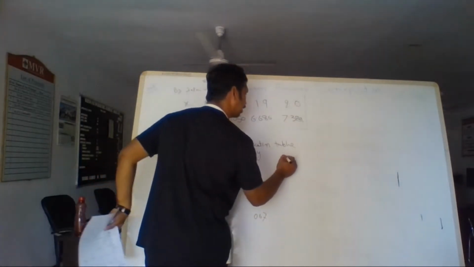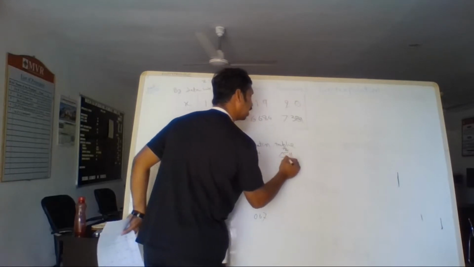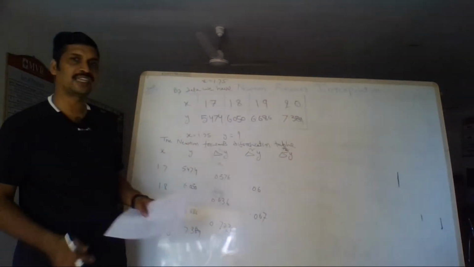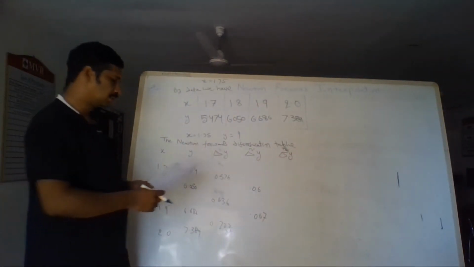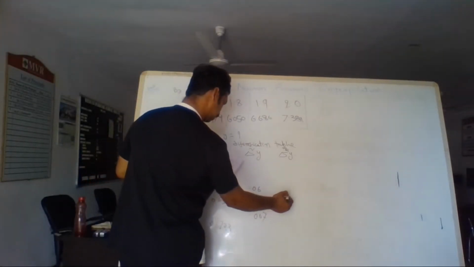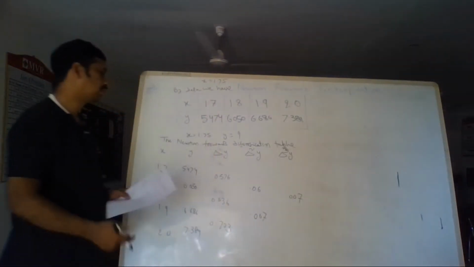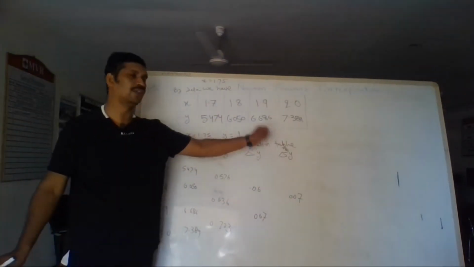Next, the third order differences, delta cube of y. 0.067 minus 0.06 equals 0.007. Okay, this is the Newton forward differentiation table.